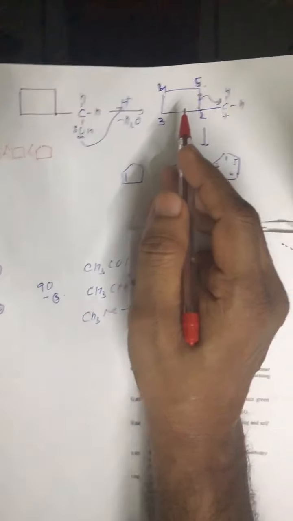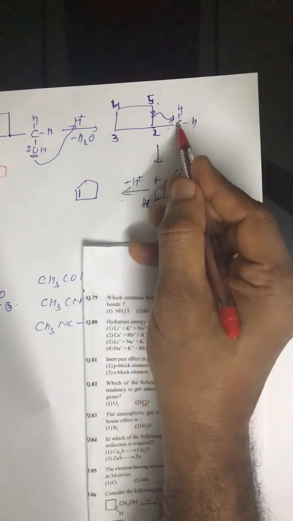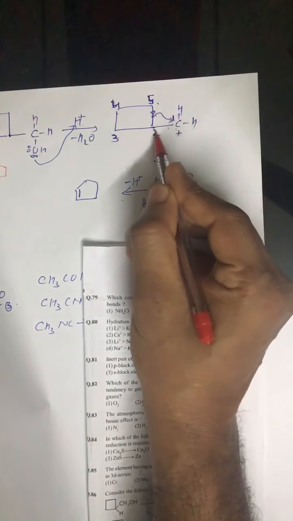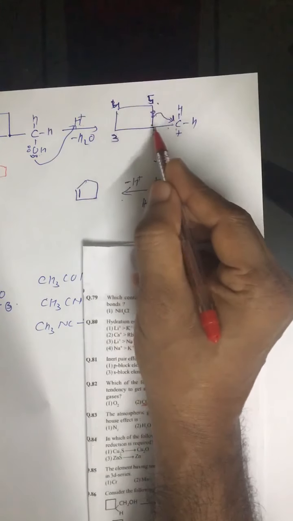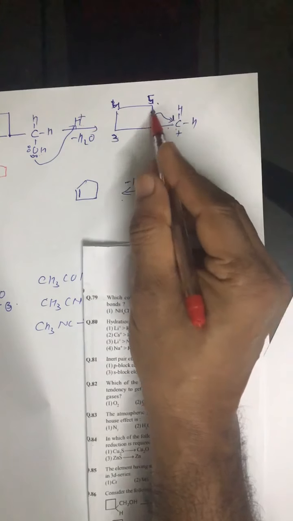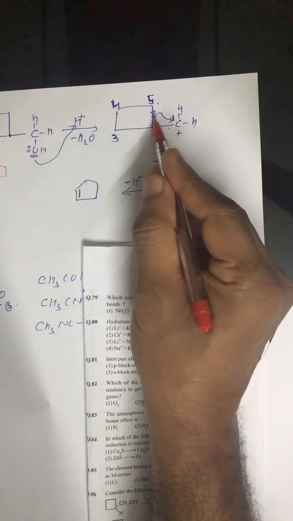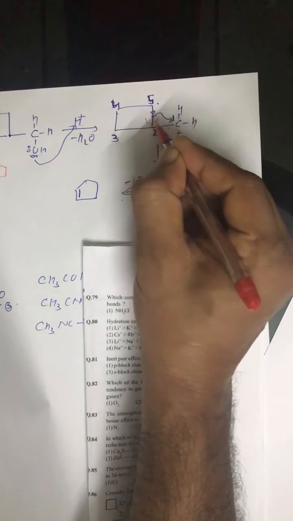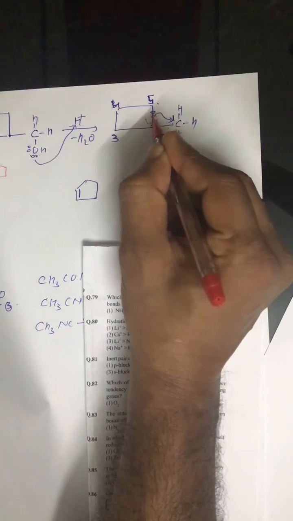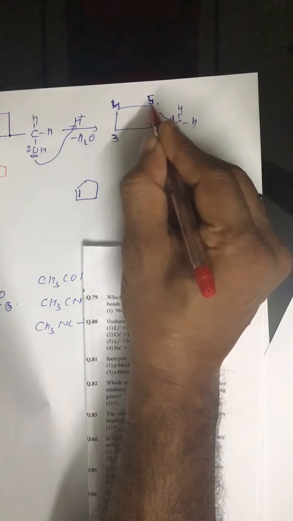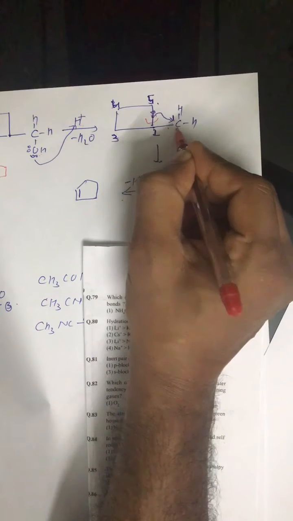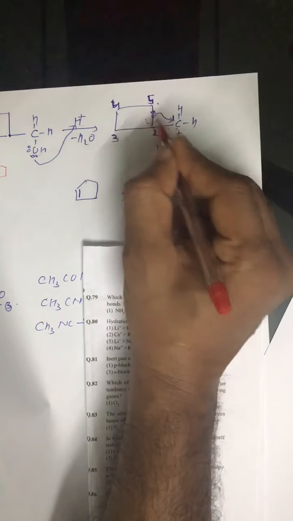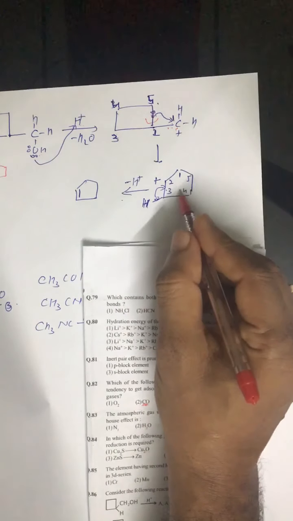See what happens here. Let us suppose this is the first carbon, this is the second carbon, third, fourth and fifth. The electron pair between C2 and C5, this bond is broken, and this electron pair on C5 attacks C1. So this cyclobutyl group gets converted to cyclopentyl.